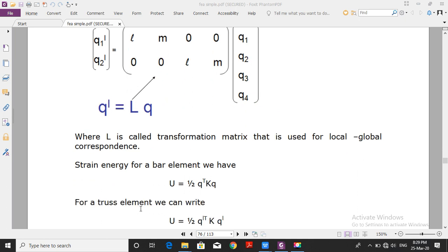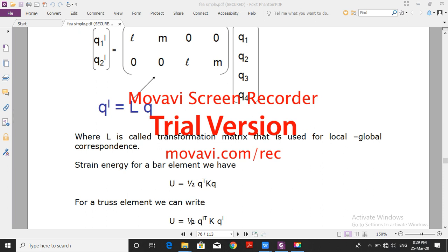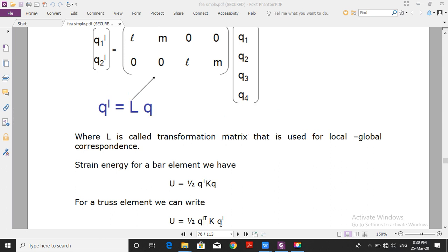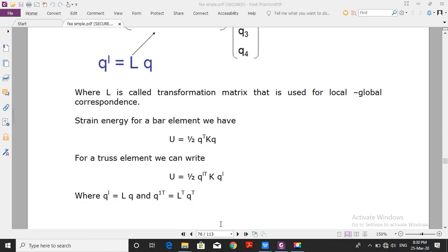Strain energy we know already, it is equal to half q transpose k into q. So for the truss element we can rewrite it as U is equal to half of q dash transpose k into q dash, where q dash is equal to L into q, which we already found.